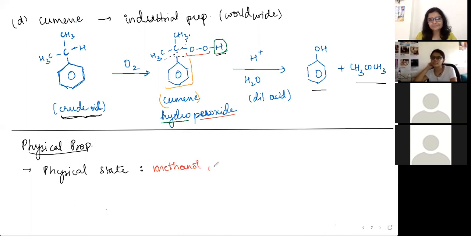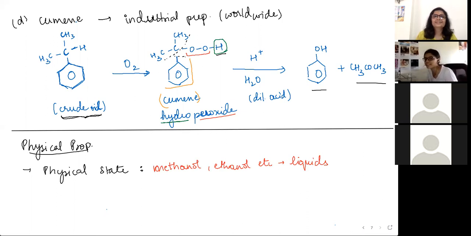They'll be liquids because they still have a considerable amount of molecular mass. I think it comes under 2 digits. But still considerable, they have higher molecular mass than most of the hydrocarbons.